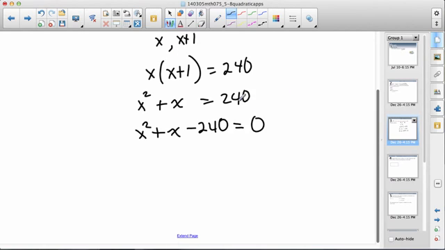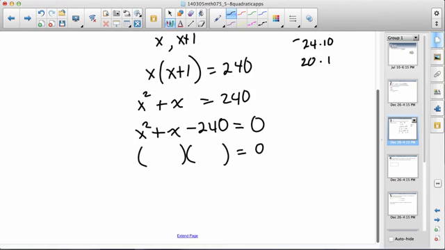So it's a quadratic, so I made it equal to 0 so that I could use the zero property. Now I'm looking for 2 numbers that multiply to negative 240 and have a difference of 1. So 24 times 10, that's 240, but one has to be negative, and they don't have a difference of 1. How about 20?